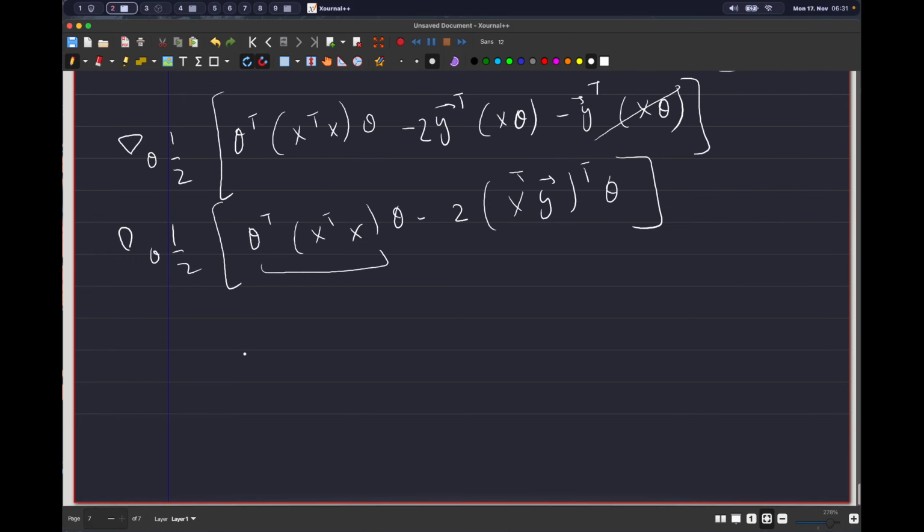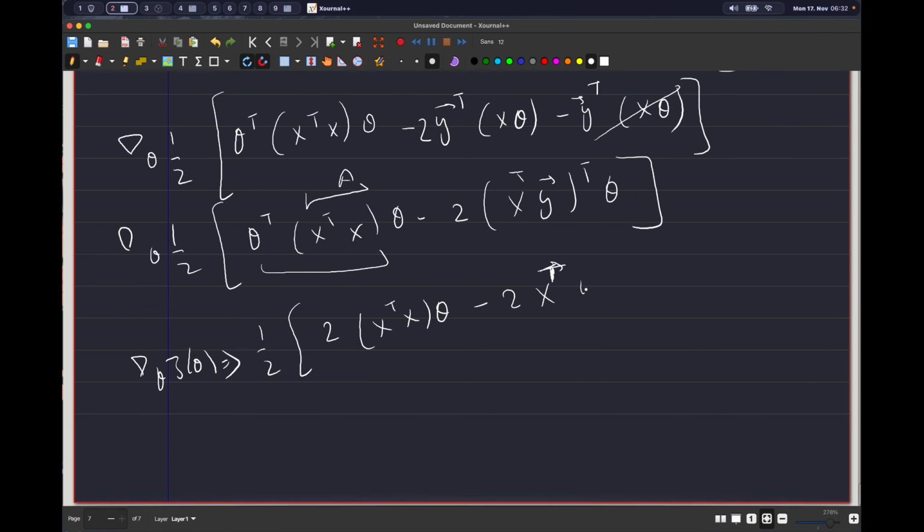Now the gradient of this will be 2AX, where this is A in this case. So half of 2, the final gradient of J theta will be equal to half of 2 X transpose X theta minus 2 X transpose y vector.